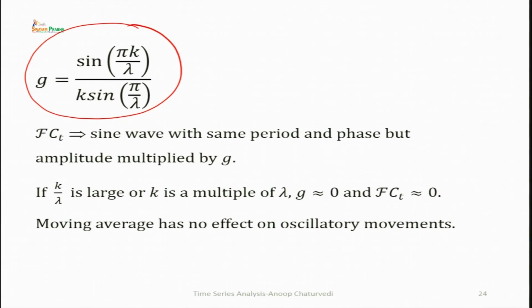Now, suppose k upon lambda is large or k is a multiple of lambda. So, if k is a multiple of lambda, then this term becomes 0, sin of pi k upon lambda becomes 0, and this makes f c t approximately equal to 0.